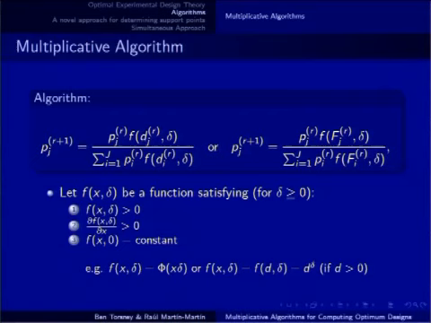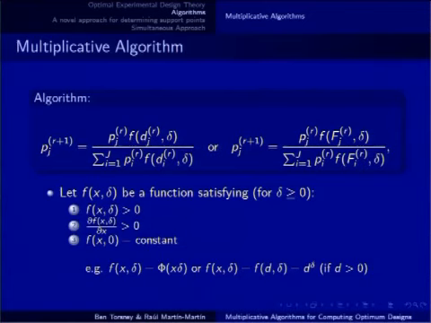Properties of this algorithm. Crucial one at the bottom is that the constraints on the weights are satisfied. Here we're defining q to be the next iterate, p r plus 1, given the previous iterate being p.